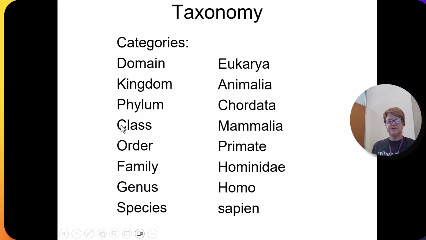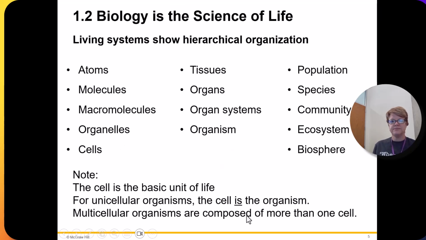Did King Philip come over for good spaghetti? If you remember that sentence, it helps you to put these in the correct order from broadest to most specific. You do not need to know the particulars for any particular organism all the way down to species. I was just showing you an example there.